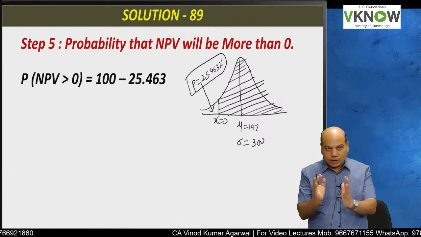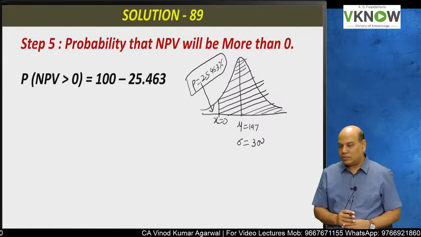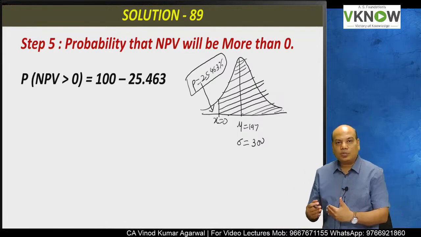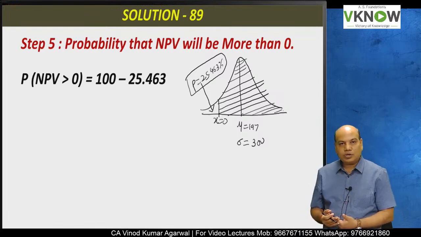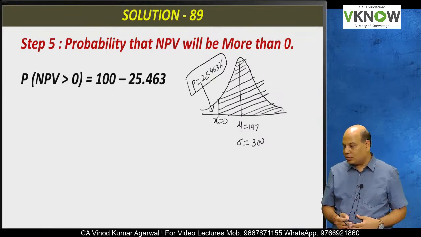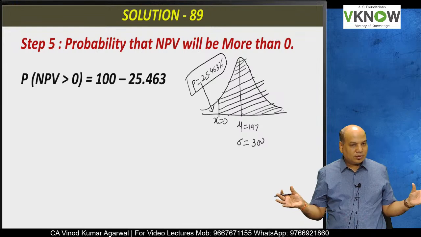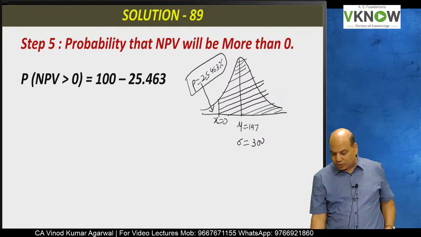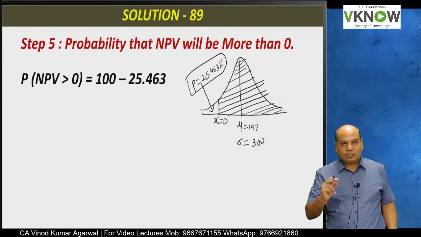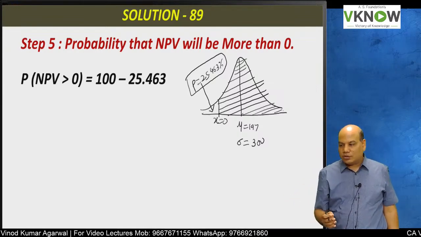So if from that 1, I remove 0.25463, remaining is the probability of more than 0. Yes or no? So why dig the well again? You have already computed probability less than 0.